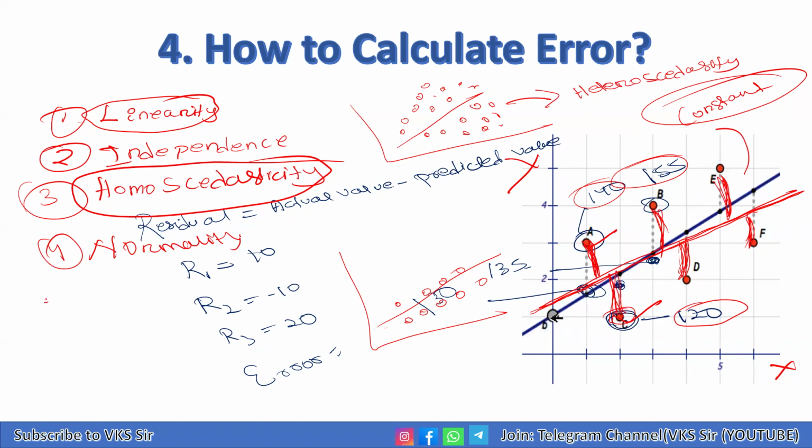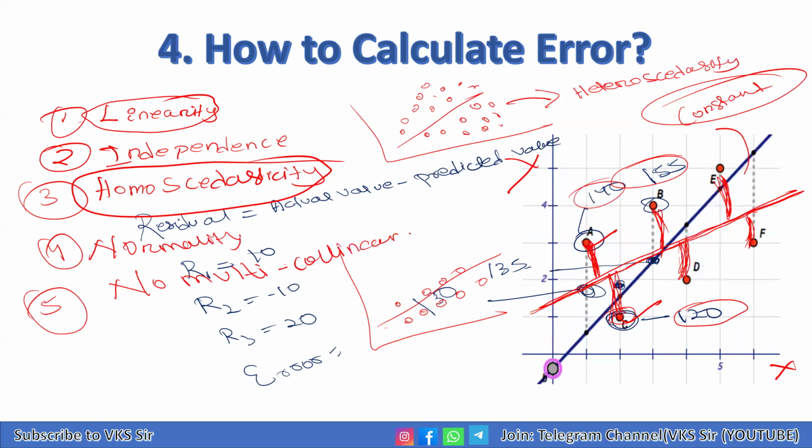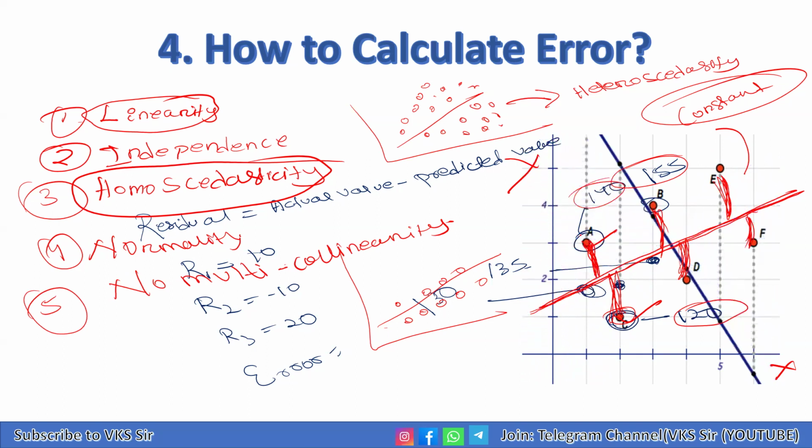The last one is no multicollinearity. This means that height and weight are not highly correlated with other variables, because here we have only two parts, X and Y.